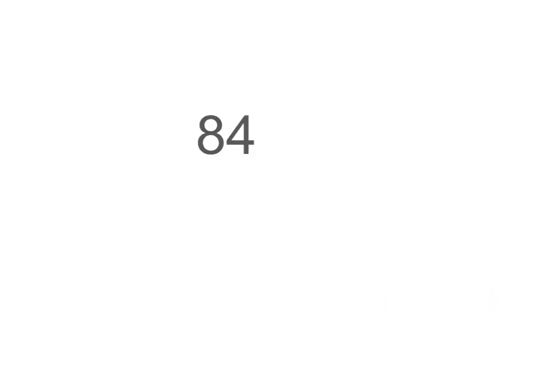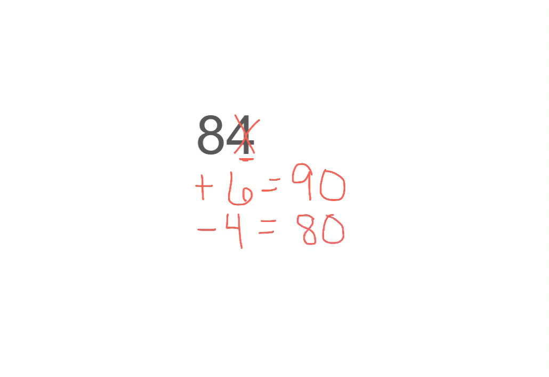Let's look at 84. Well, who is 4's partner? It's 6, so we could add 6 to get to 90. Or we could get rid of that 4 by subtracting the 4, and then we're back to 80. Or we can say 84 plus something equals 100.